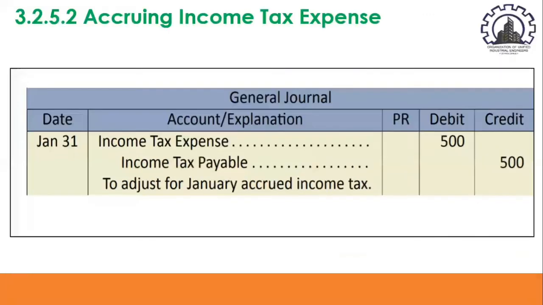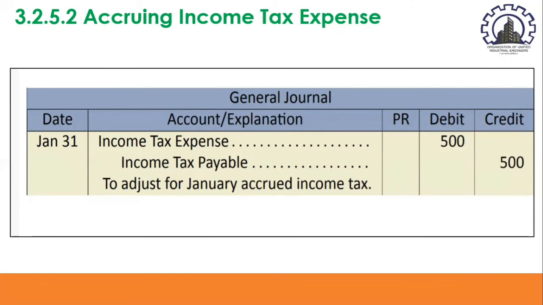We will now be moving on to how to accrue income tax expense. Another adjustment that is required for Big Dog Car Works Corporation involves the recording of corporate income taxes. In most jurisdictions, a corporation is taxed as an entity separate from its shareholders.